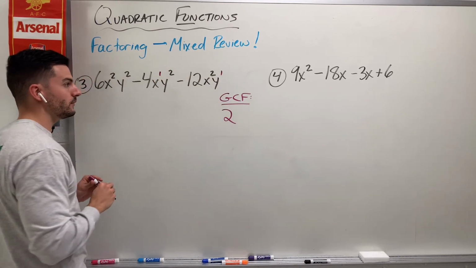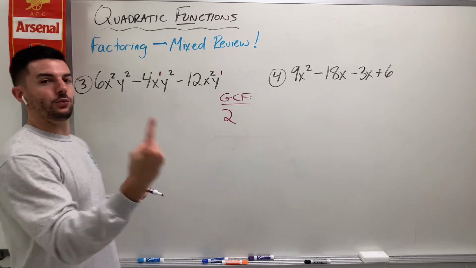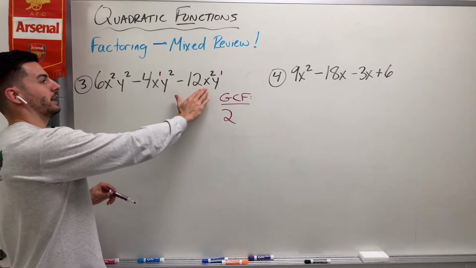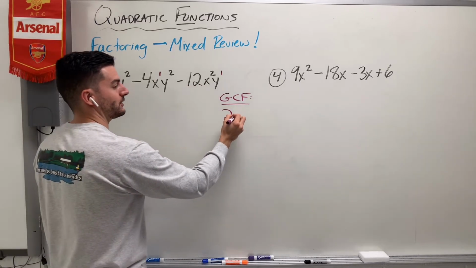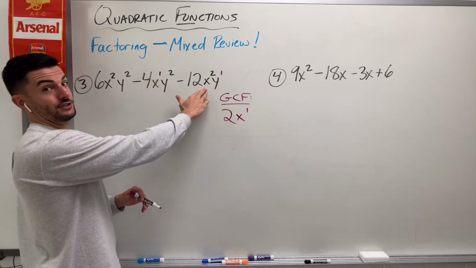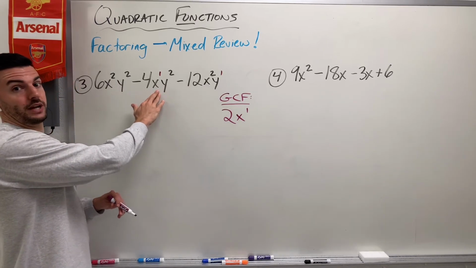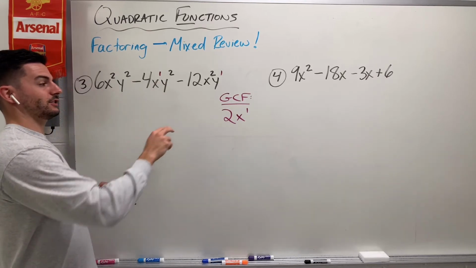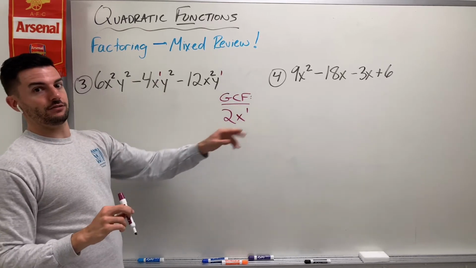So they all have at least one x and y. For the x terms, we would say just x to the first, because they don't all have 2. This one just has 1x, or an x to the first. So we wouldn't say x squared for the GCF because they don't all have 2 x's.